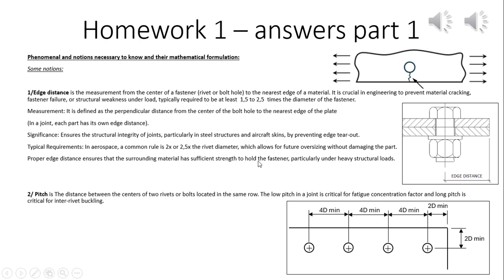So, at the picture just below the description of pitch, you can see that we need to maintain 4D at minimum, 4 times the diameter, as a pitch distance. As much as it's short, it's critical for fatigue. As much as it's long, it's critical for the static, for inter-rivet buckling.